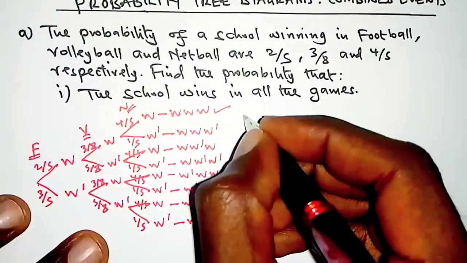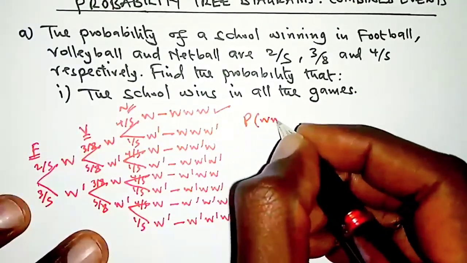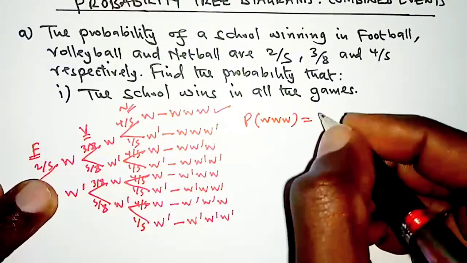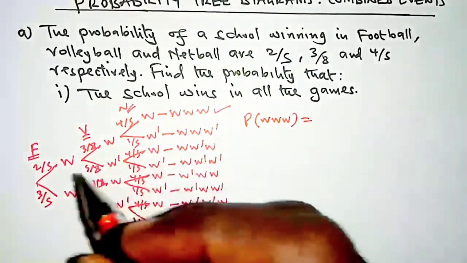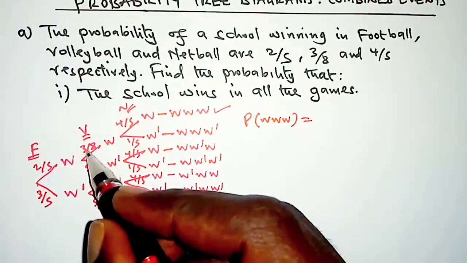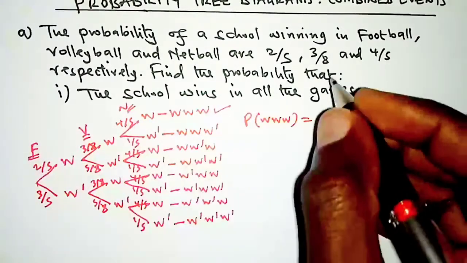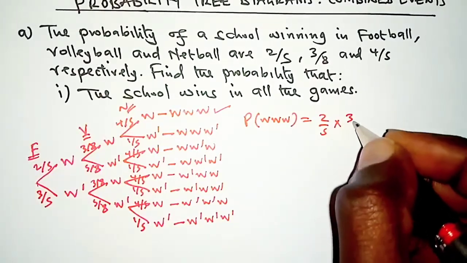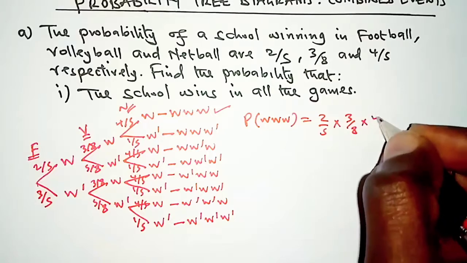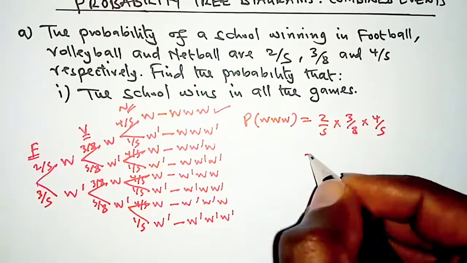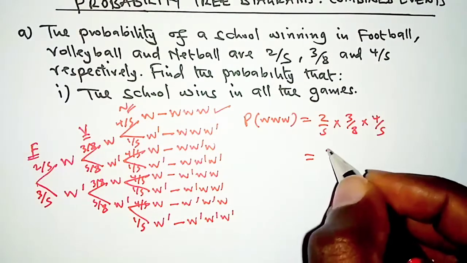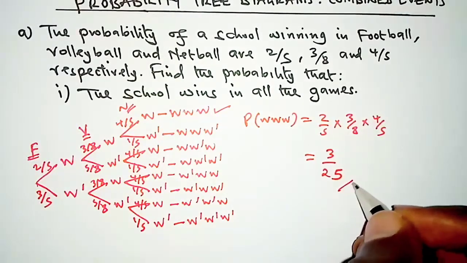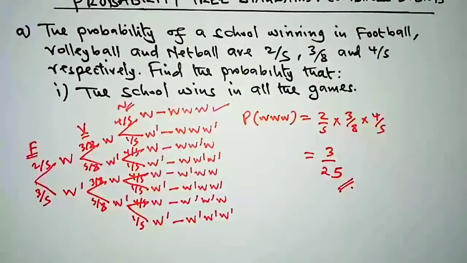So we have the probability of winning in all the 3 games being, following this path, we'll multiply 2/5 times 3/8 times 4/5, and this should be 3/25. That is for Roman 1.